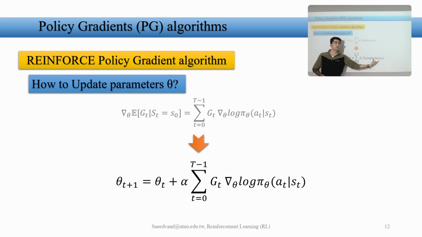So we ask the network, what is the probability of this action occurring? Then we multiply it by the return, the sum of the return in this REINFORCE algorithm, apply the learning rate and update our weights. I think this is the clearest way to understand the policy gradient technique.